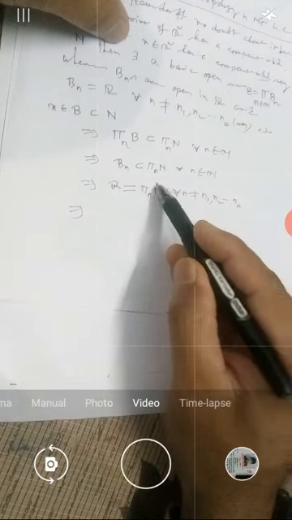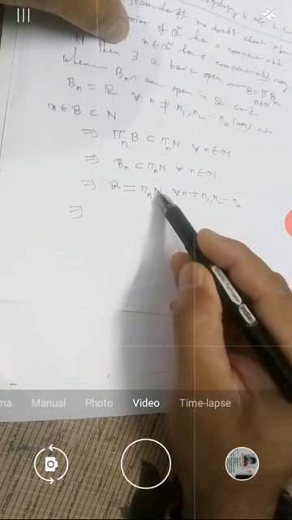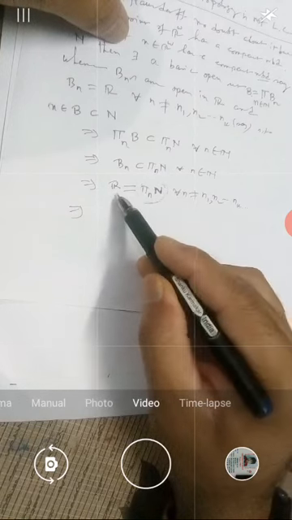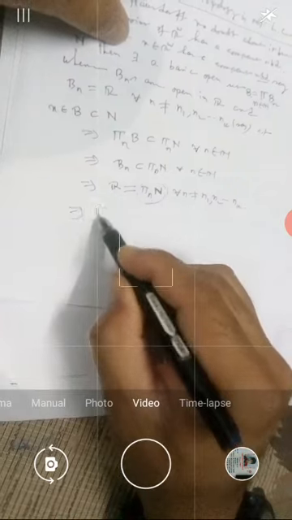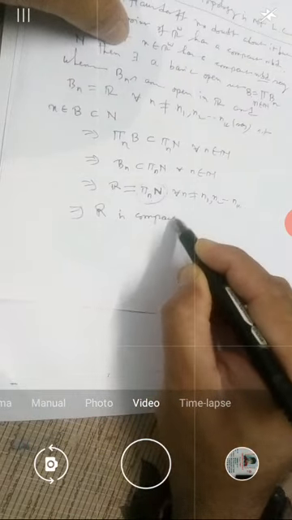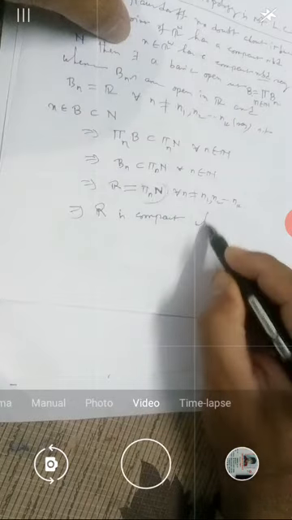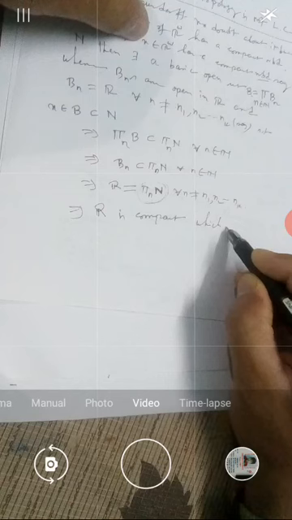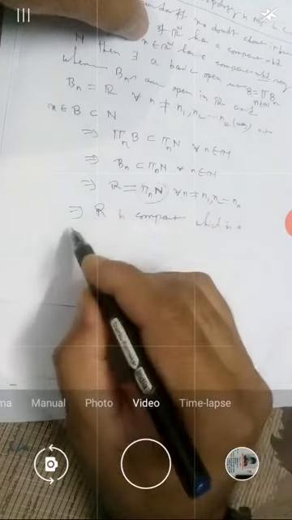So this is a continuous image of a compact set. So this is compact. So R becomes compact, which is a contradiction, we know. R with usual topology is not compact. Which is a contradiction.